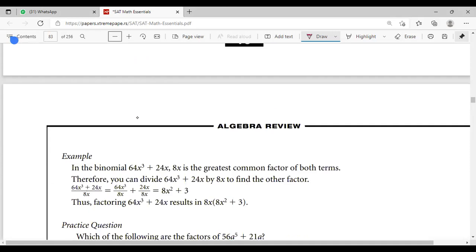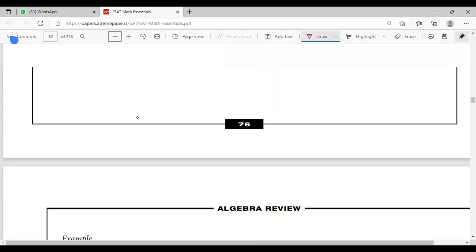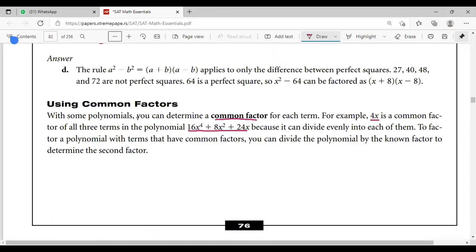Now, basically, this is the example, right? What they're trying to say here is that you can easily see that 4x is a common factor, right? 4x is being shared by each of these monomials.